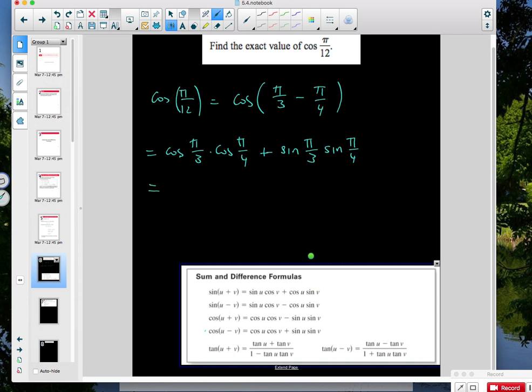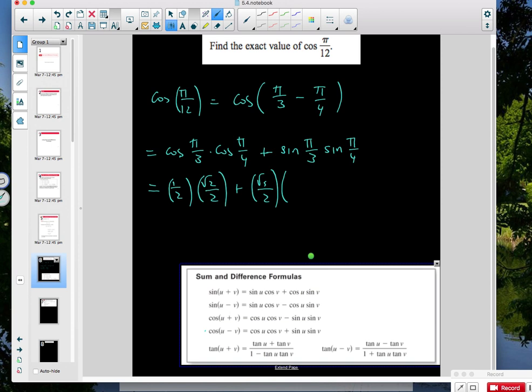Okay. And now we use our knowledge of the unit circle, which by now should be very strong. Cosine of pi thirds is going to be 1/2. Cosine of pi over 4 is square root of 2 over 2. Plus sine of pi thirds should be square root of 3 over 2.